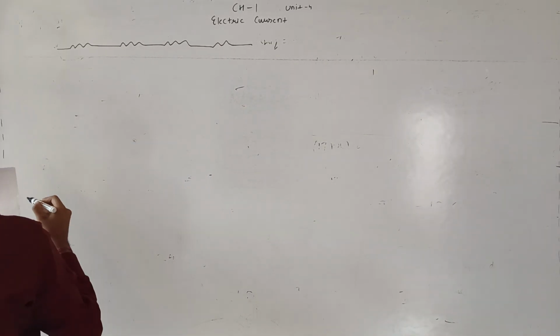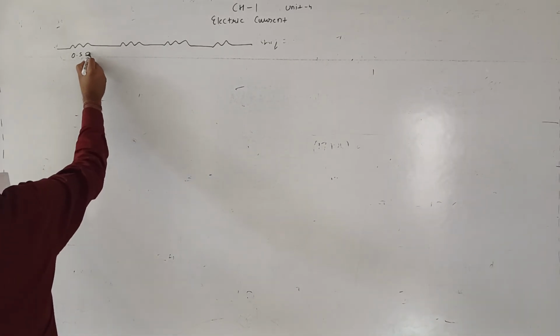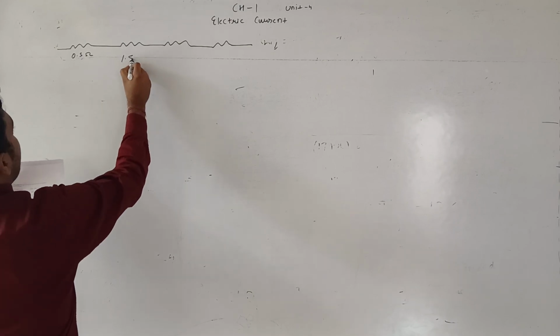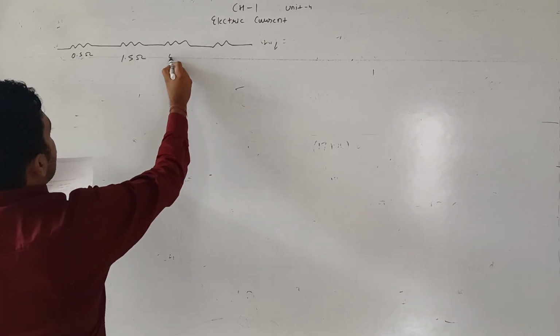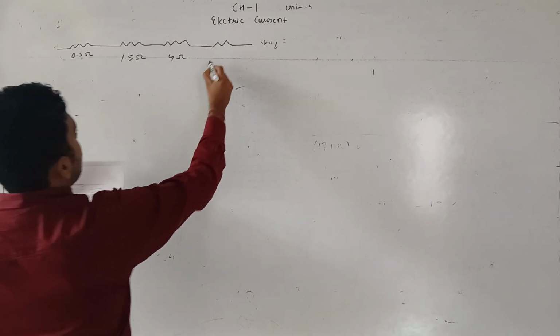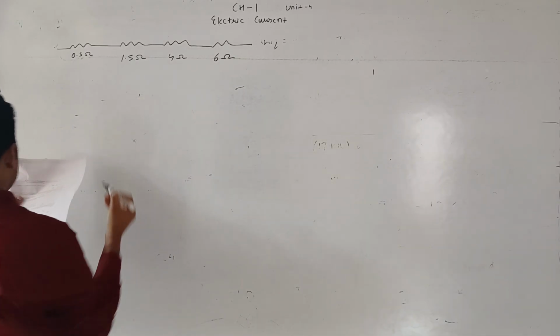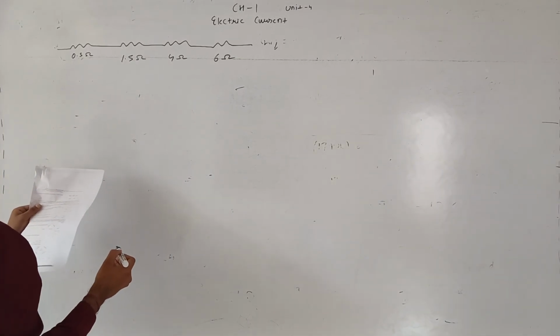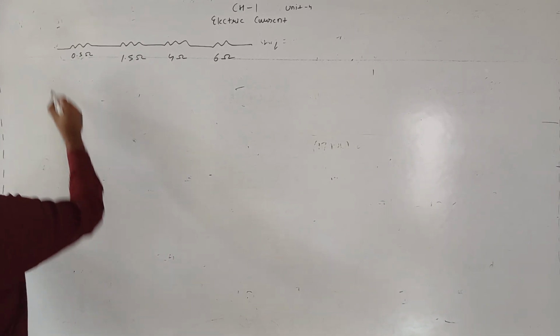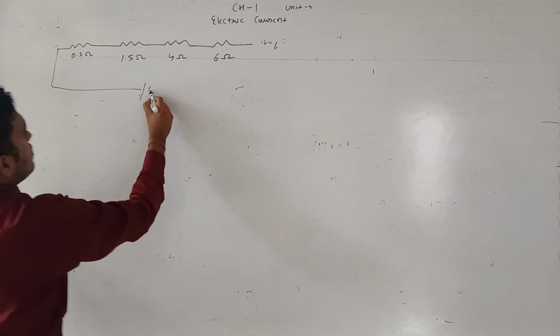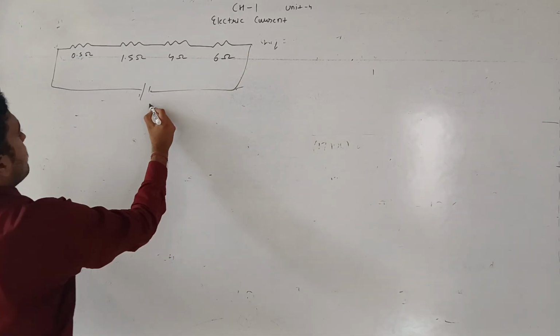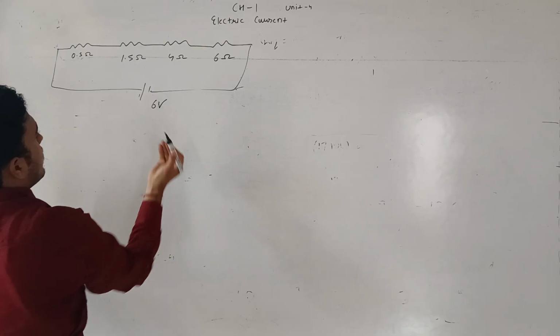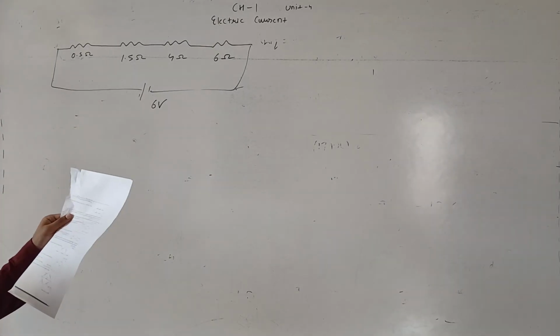The four resistances are 0.5 ohm, 1.5 ohm, 4 ohm and 6 ohm, connected in series across a battery of EMF 6 volt, and internal resistance is negligible.